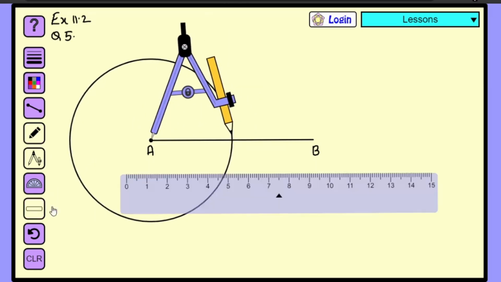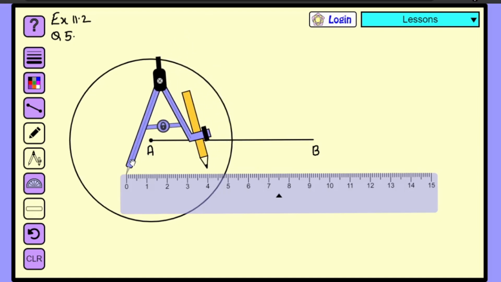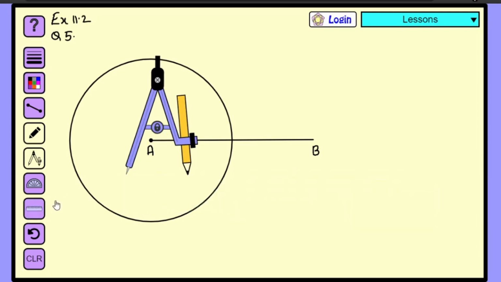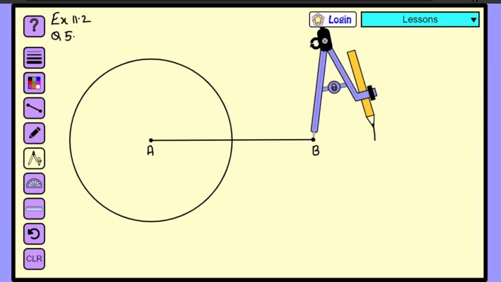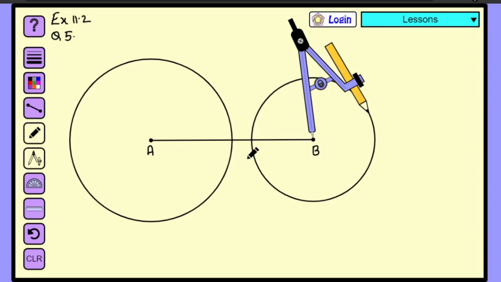In the same manner, taking B as center and radius 3 centimeters, we construct another circle. We have to construct tangents from point B to the bigger circle, and from point A to the smaller circle.